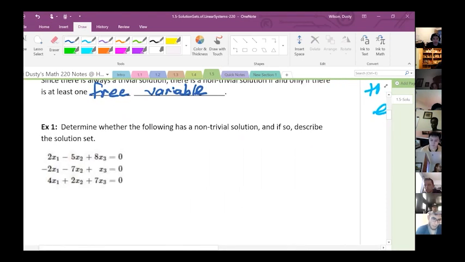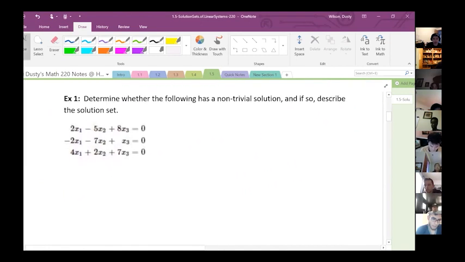Back to the examples. I want to determine whether the following has a non-trivial solution. If so, I want to describe the solution set. The first thing I'm going to do is write this down as an augmented matrix. If you could pull out your text and friends and row reduce for me, that would be nice.